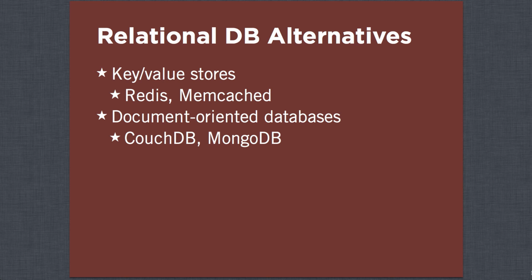There's also document-oriented databases like MongoDB and CouchDB. We're actually going to look at MongoDB in our lab today, and so you'll get a sense for that. And these are document-based databases where you have data sets stored in documents, and they're a little more flexible than a relational database.